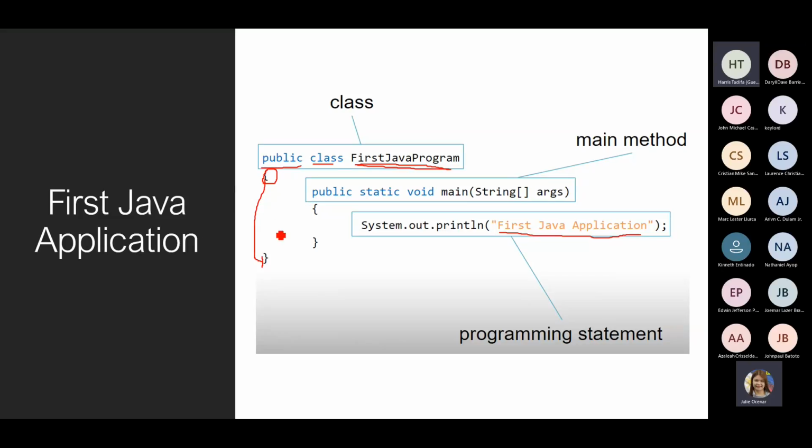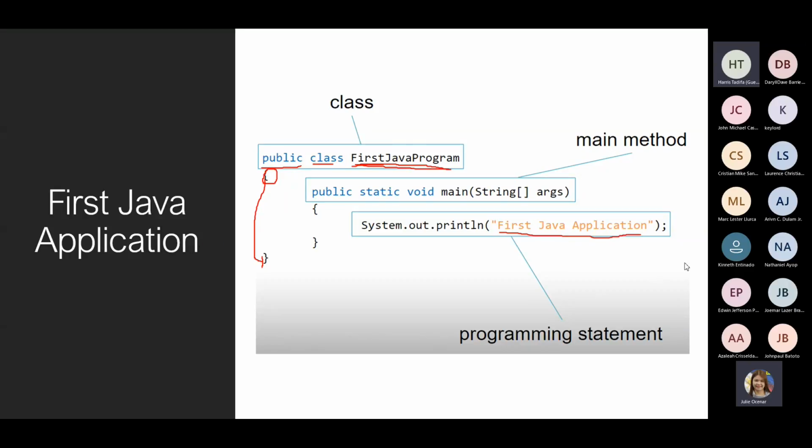So, meaning, lahat ng meron dito is under kay class na first Java program. Okay? So these braces mark the beginning and the body of the class. So pag once nag-open curly brace ka, meaning beginning yon. Pag nag-close curly brace ka, meaning ending na yon ng program mo.